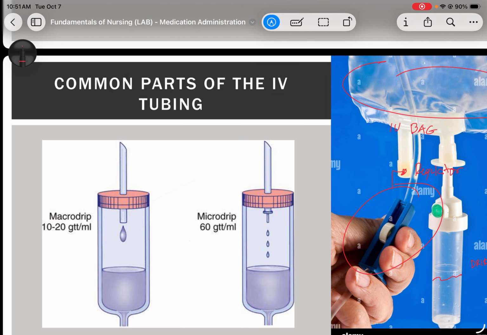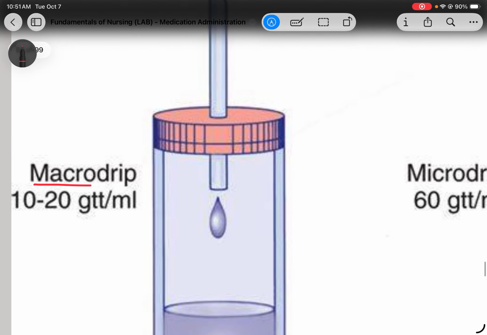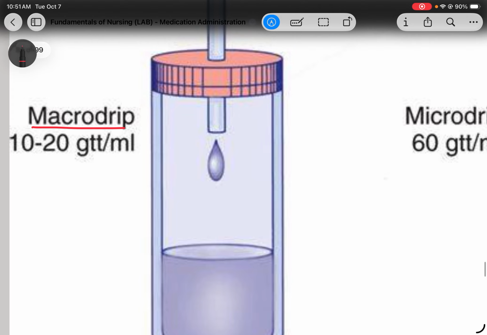There are two differences to that. The first one, class, is the macro drip. The macro drip is a drip chamber that does not have a needle.